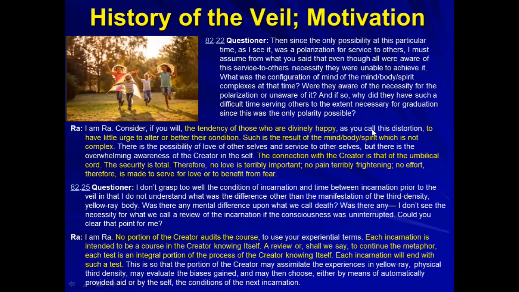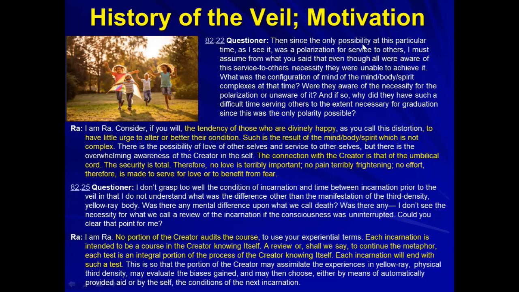So we go on, 82.22. Again, we're going through section 82, almost the whole thing that's pertinent to this. Don asks, then, since the only possibility at this particular time, as I see it, was a polarization for service to others, or just service, but essentially that would be the correct way of saying it.